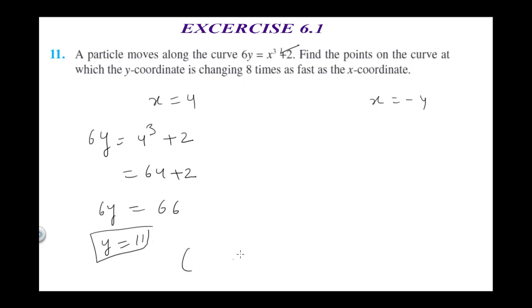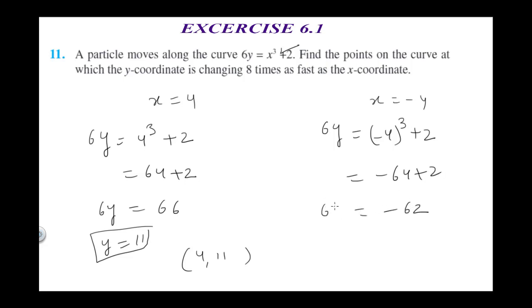So one point we got is (4, 11). When x is minus 4, we get (minus 4) whole cube plus 2, which gives us minus 64 plus 2, which is minus 62. So y will be equal to minus 62 by 6, which is minus 31 upon 3.